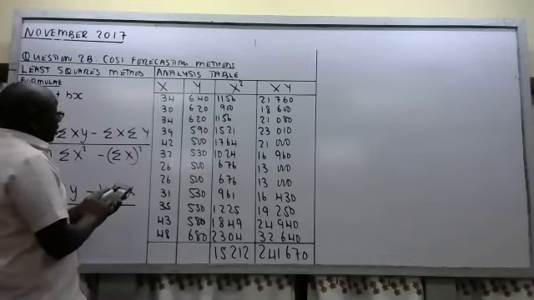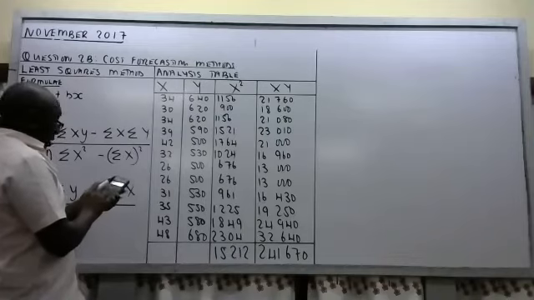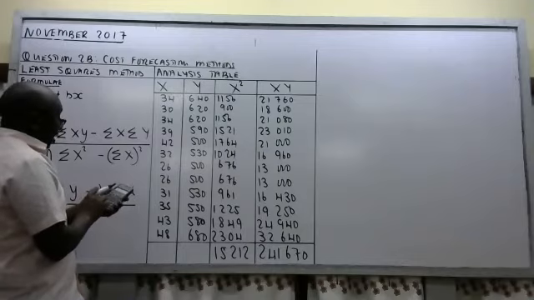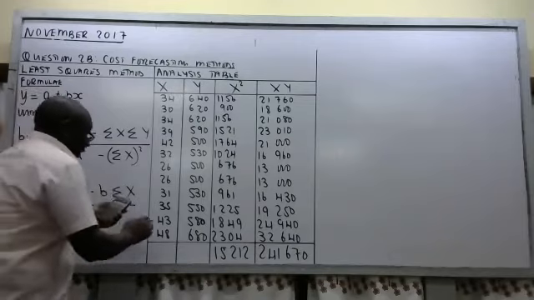And quickly, the sum of y: 640 plus 620 times 2 plus 590 plus 500 plus 530 plus 530 plus 550 plus 580 plus 680.